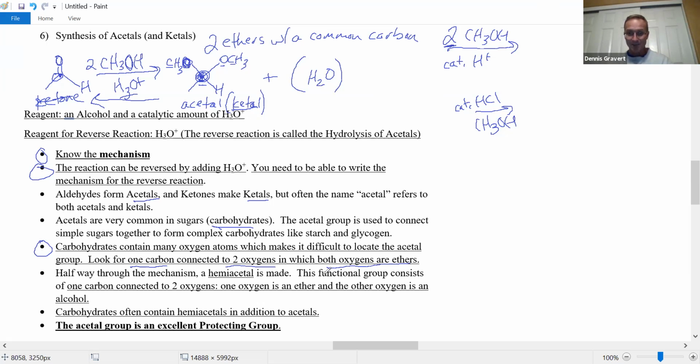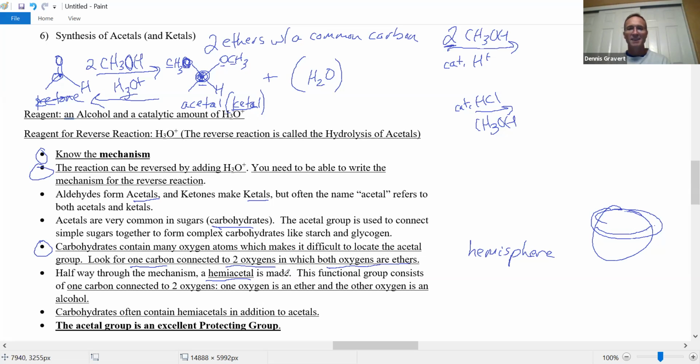Also in carbohydrate chemistry, they make a big deal about something called a hemiacetal. Hemi. Do you remember hearing about a hemisphere? Right? So if you have a sphere and you take half of it, maybe the northern hemisphere, half a sphere, you got half of the world.